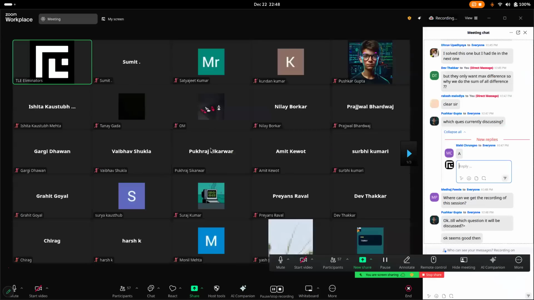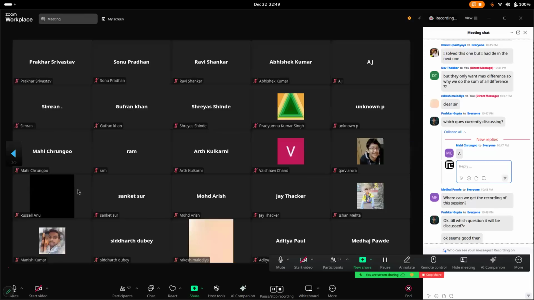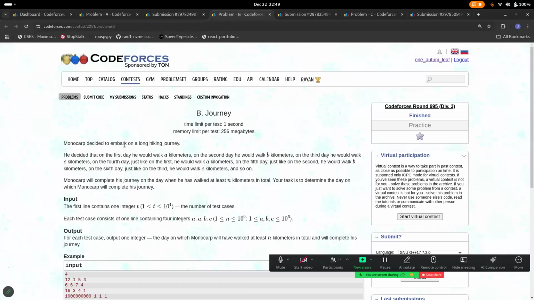In problem B, again Monocarp decided to embark on a long hiking journey, and in this journey he decided he was going to travel n kilometers.